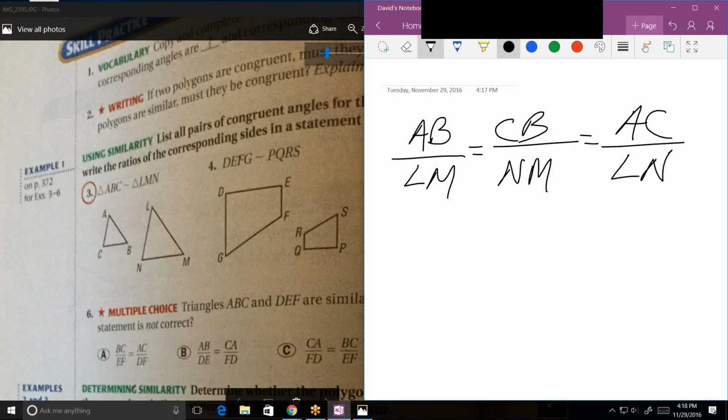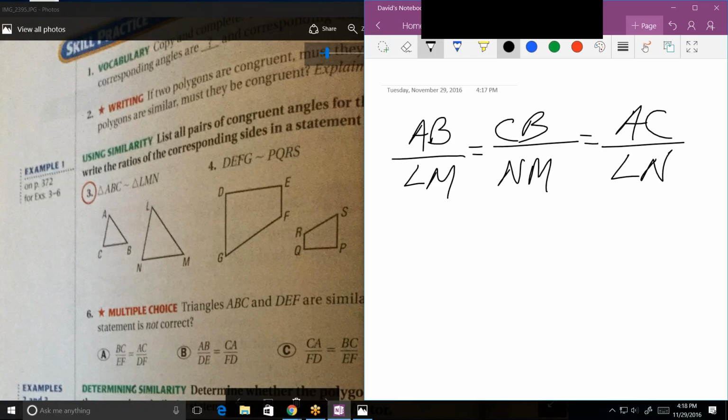That is the ratio of corresponding sides in a statement of proportionality. Exactly what I wrote. Okay? And that's just this corresponding side divided by this corresponding side is the same ratio no matter which corresponding side you're talking about. Okay?